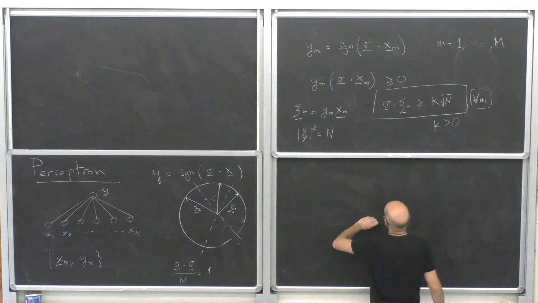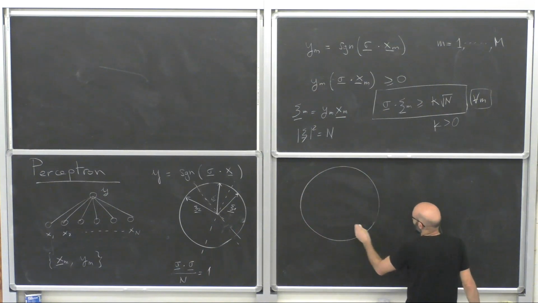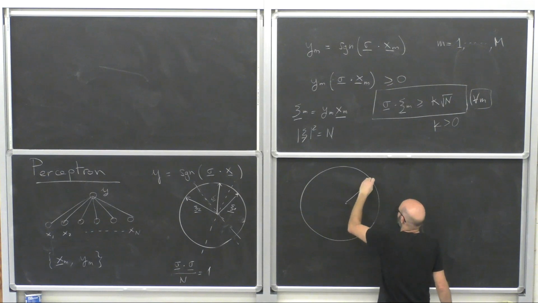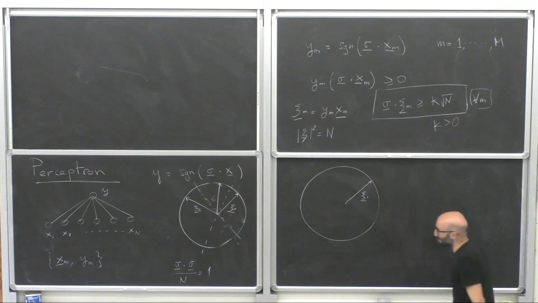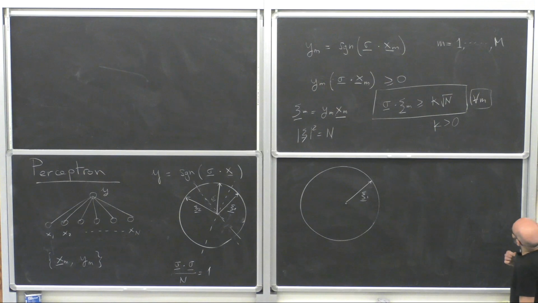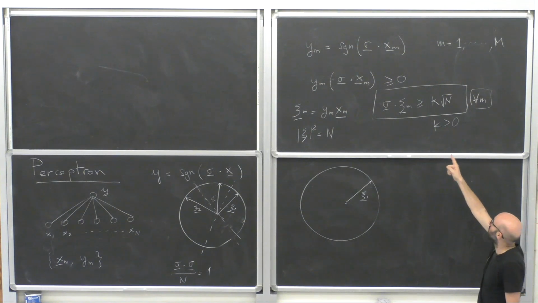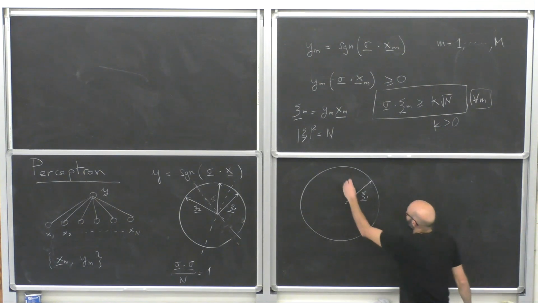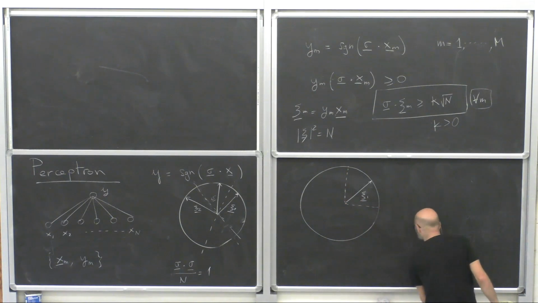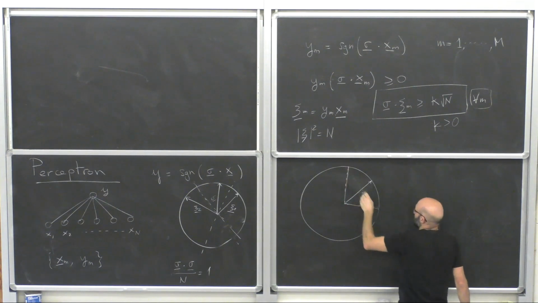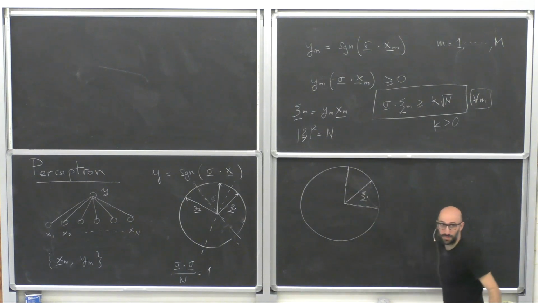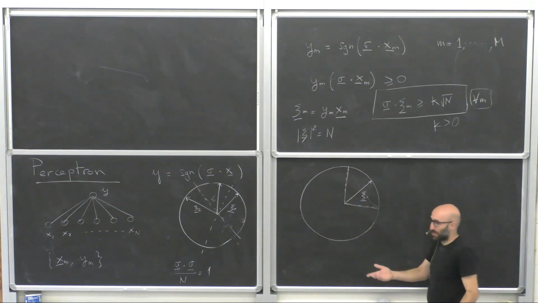So let's do it again. How does it look like? This is the first obstacle. This is the first training point. I want sigma to have a scalar product bigger than something. So this means that now my obstacle is fixing a certain cone, okay? And this is the good region. Now I draw a second obstacle.